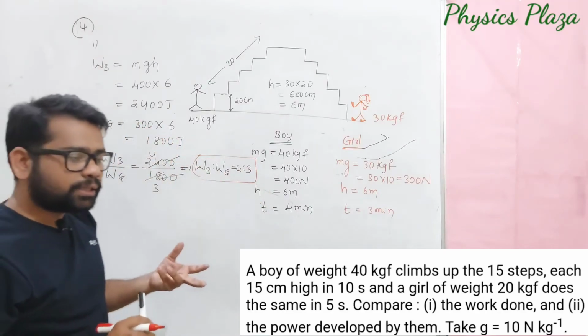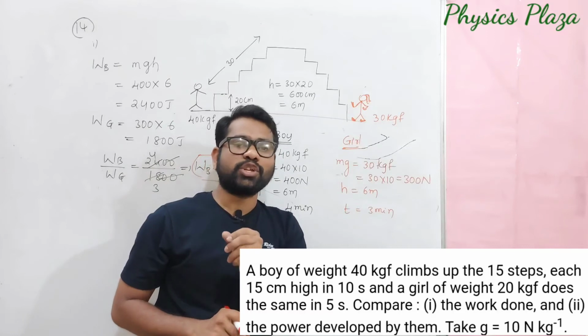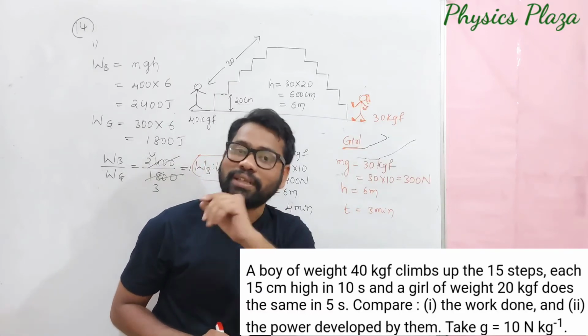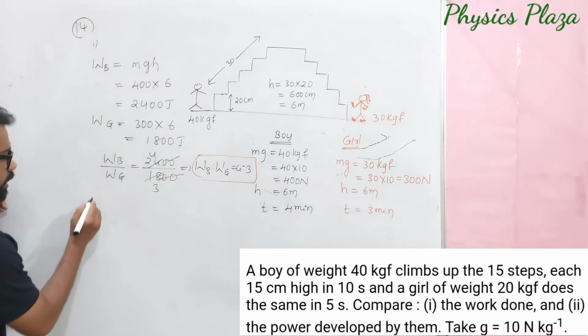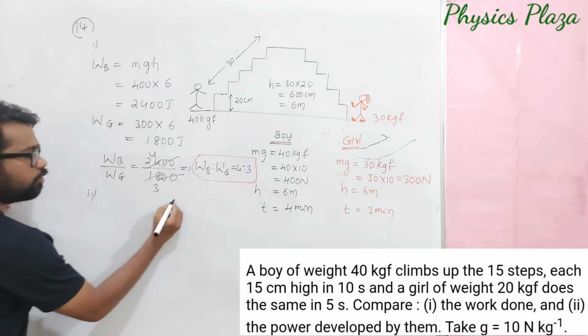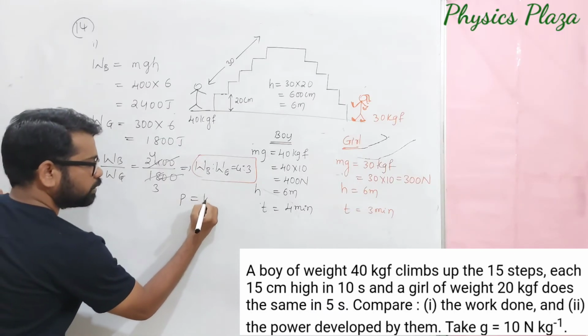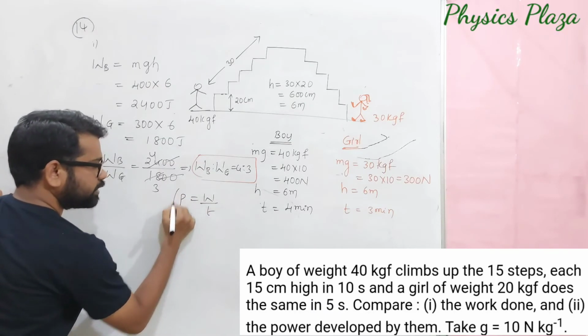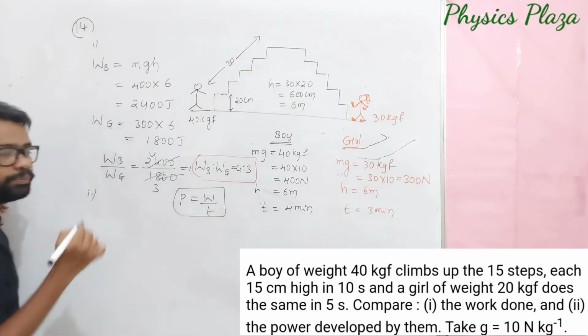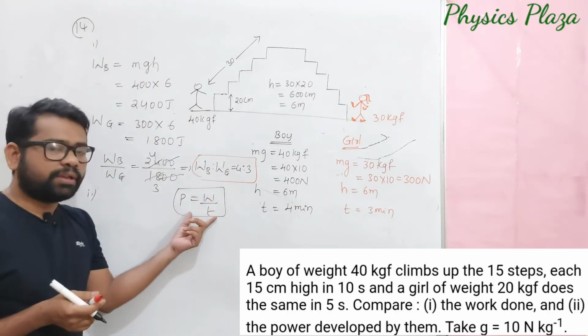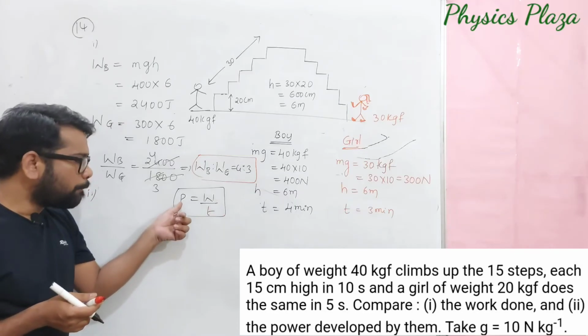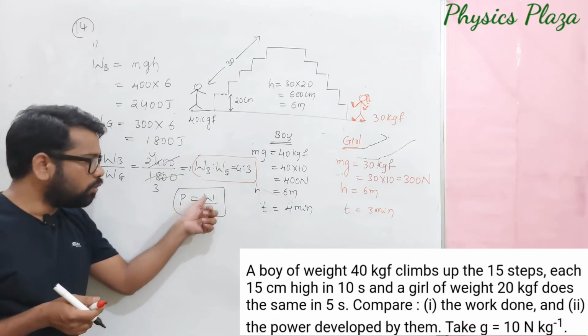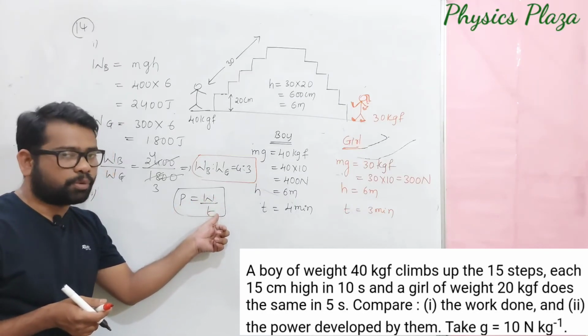Now we need to calculate the ratio of power spent by the boy and the girl. Children, we know that power spent is equal to work by time. When you apply the same formula for the boy and the girl, power spent by the boy is equal to work done by the boy by time taken by the boy.